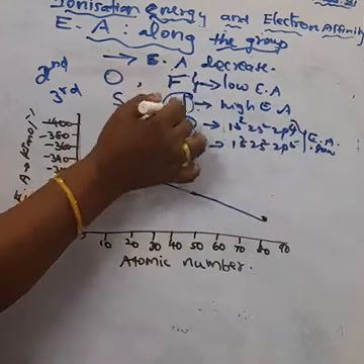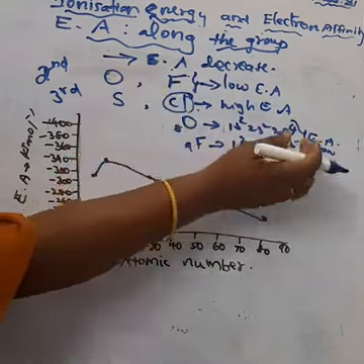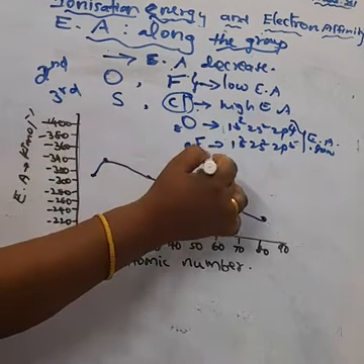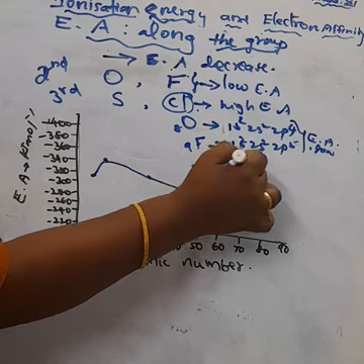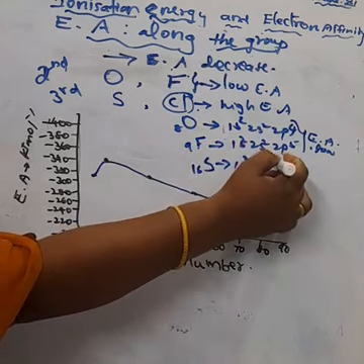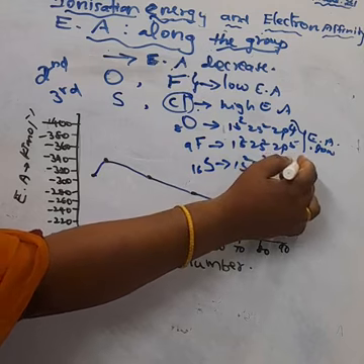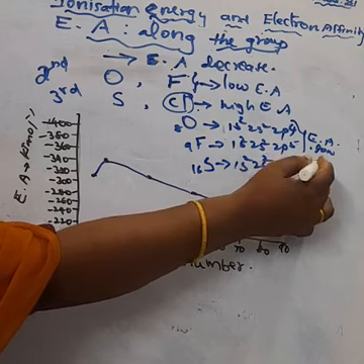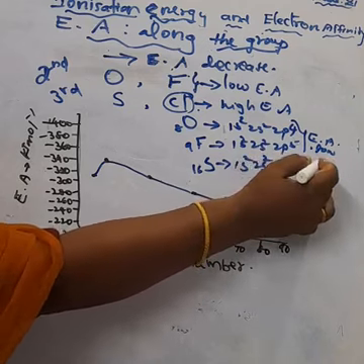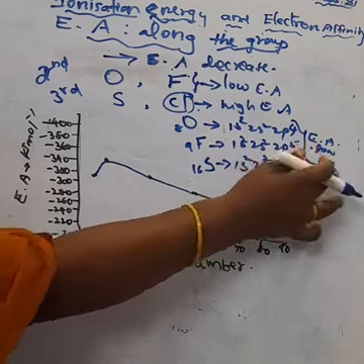Understood? The 2p orbital easily accepts the electron. This is the 3p electron. Sulfur, atomic number 16: 1s2, 2s2, 2p6, 3s2, 3p4.